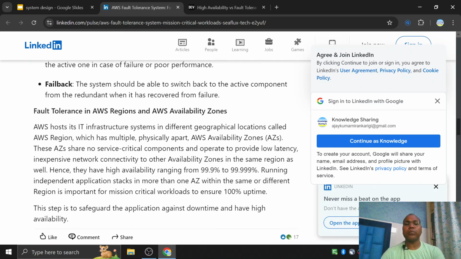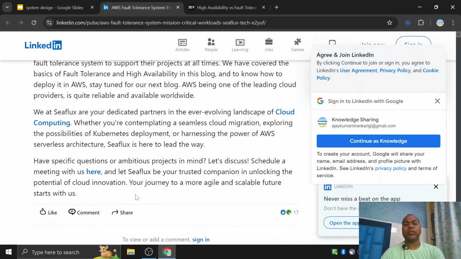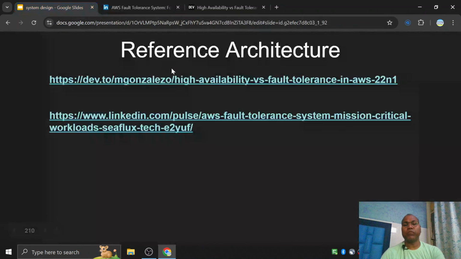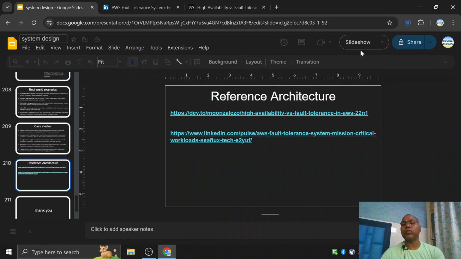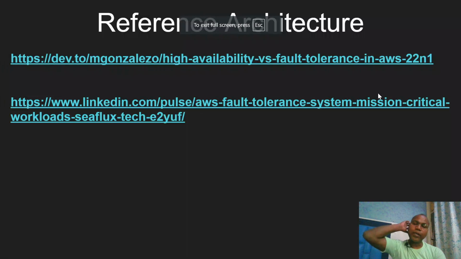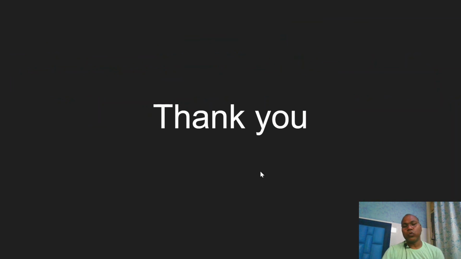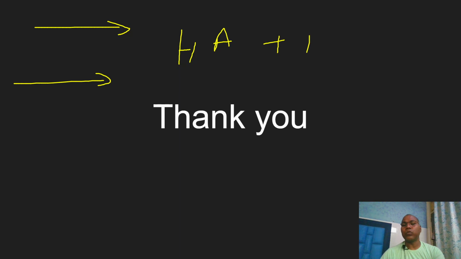You can find lots of designs and reference architectures available for free, and you can use them to understand how these systems are designed. So overall, the objective of today's talk is that whenever you are designing a system, depending upon customer use, sometimes you define your system as HA, sometimes HA plus fault tolerance, or sometimes only HA, if some downtime is acceptable for the customer.